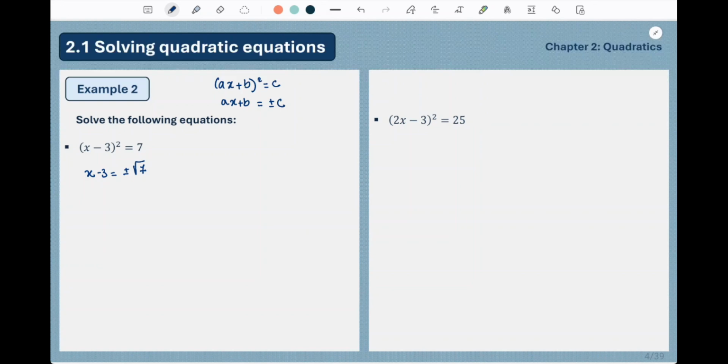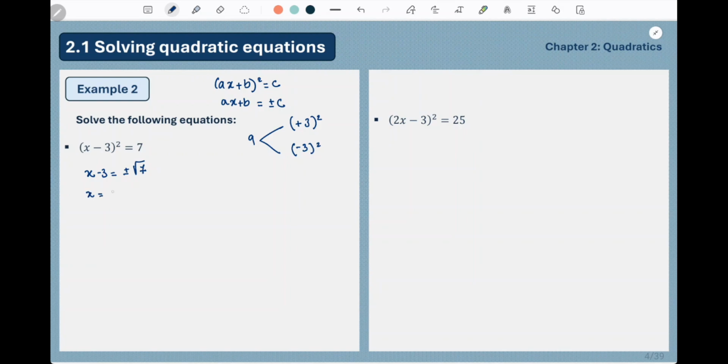For example, if you have 9, plus 3 or minus 3, if you square them, they give you 9. So that's the same concept here. So 9 being here is 7 if we were to make a comparison, and x minus 3 is 3 or minus 3. So it makes sense that way. That's why we say that it can either be plus square root of 7 or minus square root of 7.